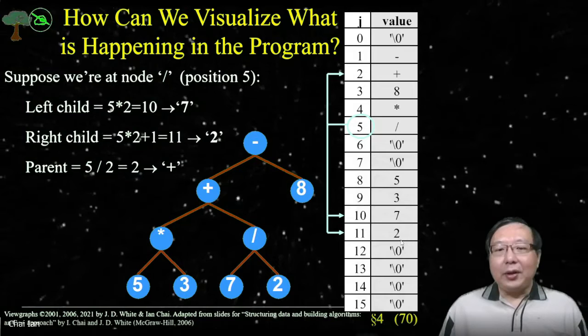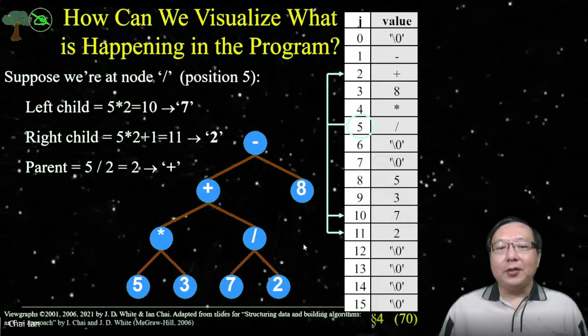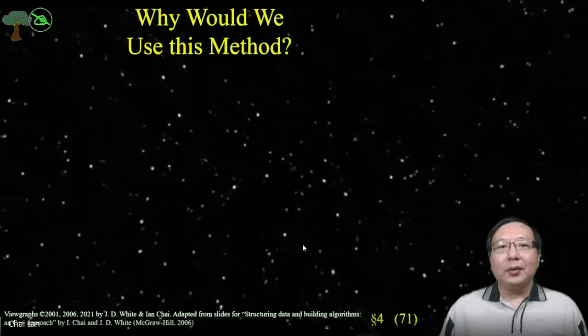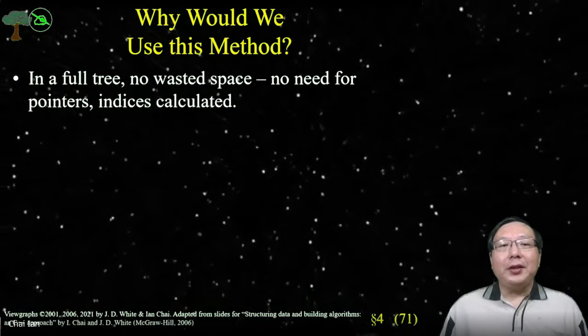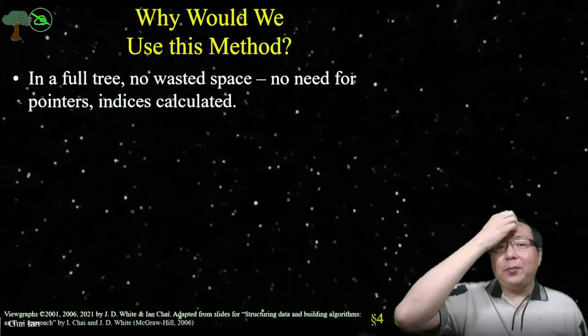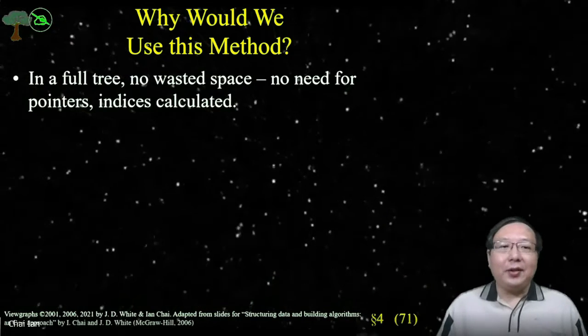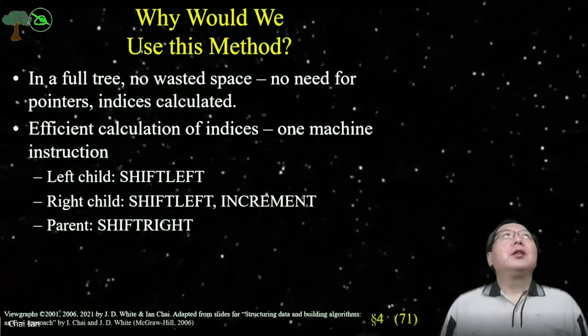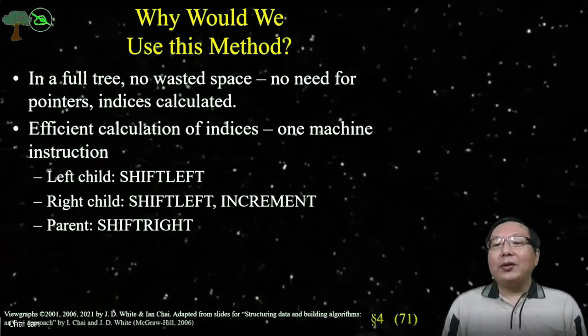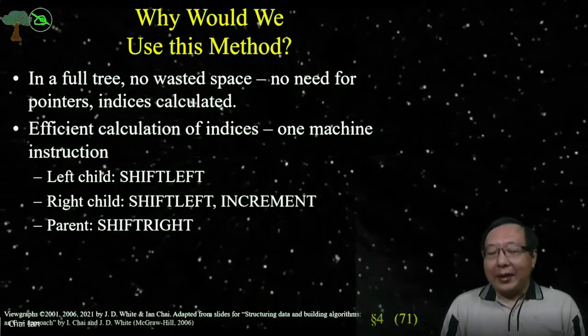The thing is that you will waste space if your tree is not full. Why would we use this method? If you have a full tree, there is no space wasted and no need for pointers because you're calculating all the indices. And in fact, note that we are only multiplying by 2 or dividing by 2.